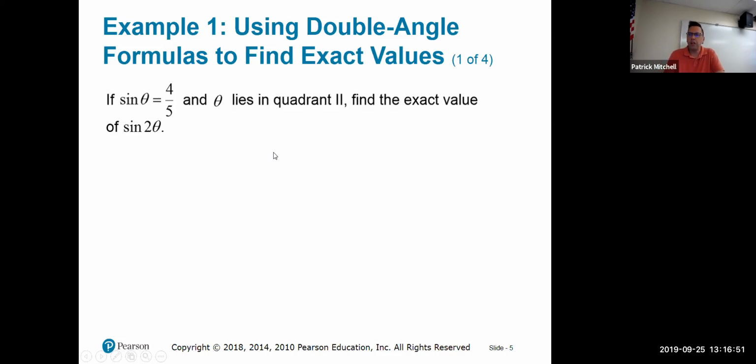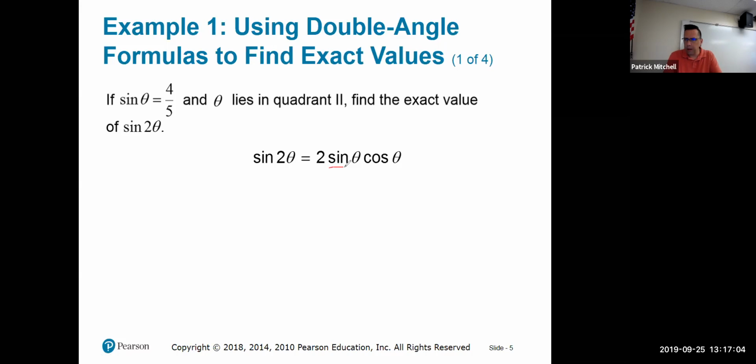The first thing I'm going to do is remember the formula. Sine 2 theta is 2 sine theta cosine theta. The good news is that I know sine theta is 4/5. The bad news is that I don't know the cosine of theta.